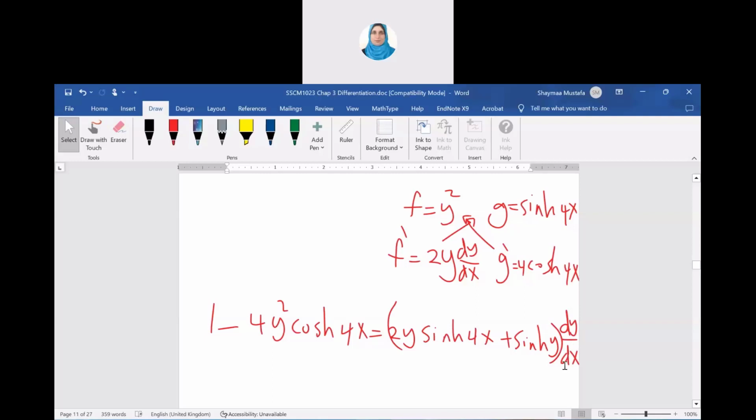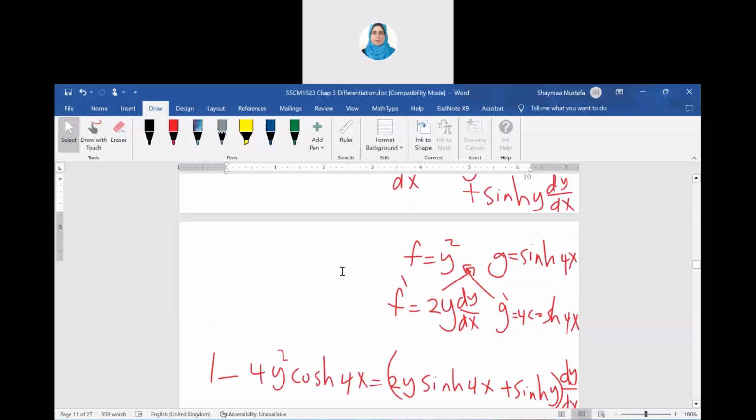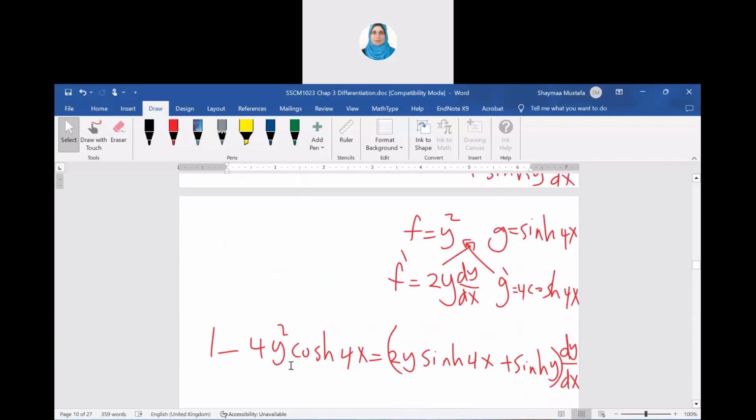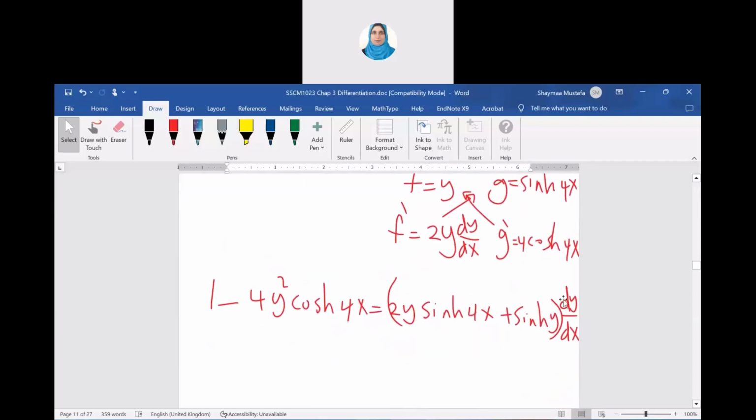So these two terms that include dy over dx, sine y dy over dx and 2y sine 4x dy over dx, I keep here on the right side, and the other side will include the terms that do not have dy over dx. So 1 minus 4y squared cosh 4x.